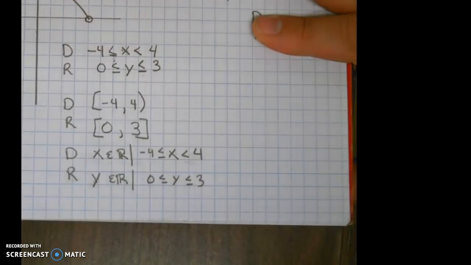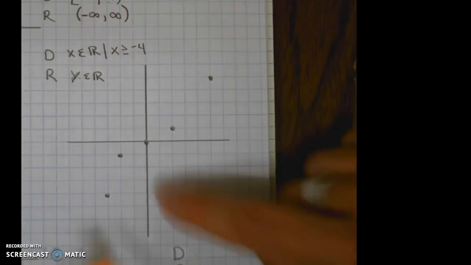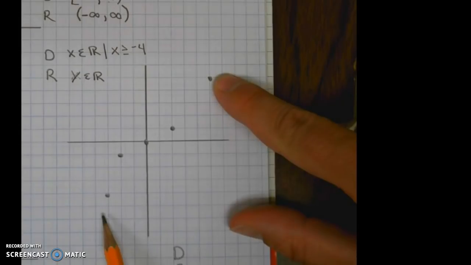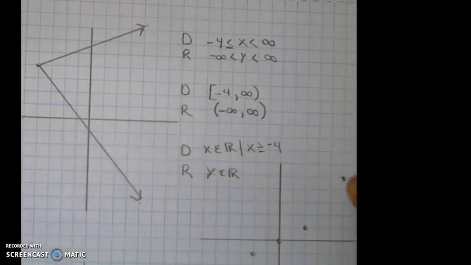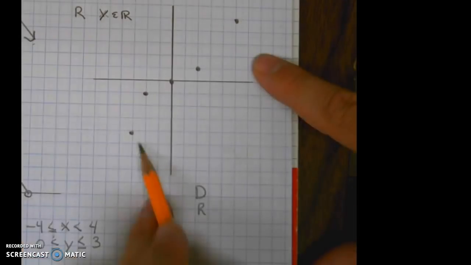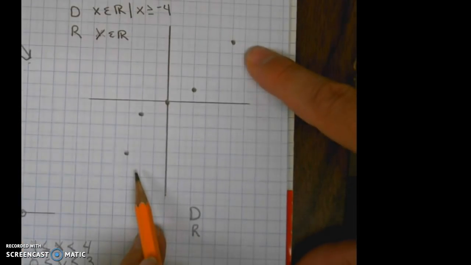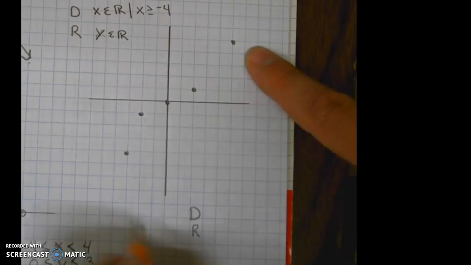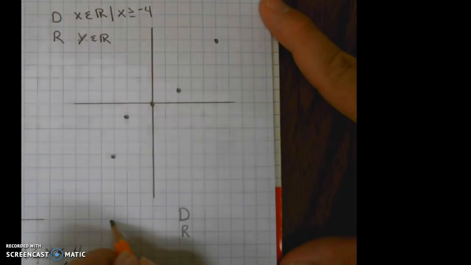Now on this last one here, this one, notice the dots are not connected. These graphs are continuous. The dots are all connected. Here they're not connected. So when they're not connected, we actually use a notation called roster notation.